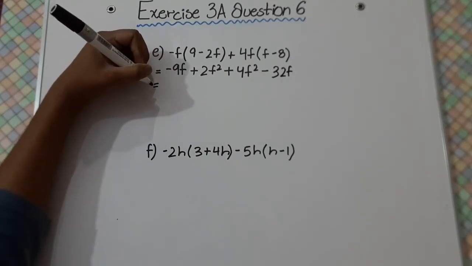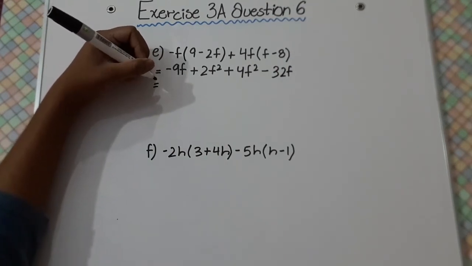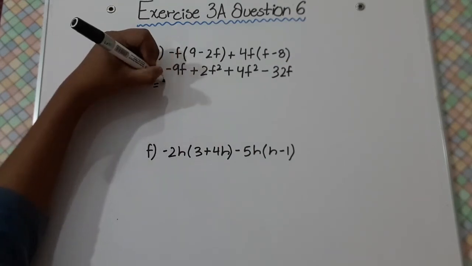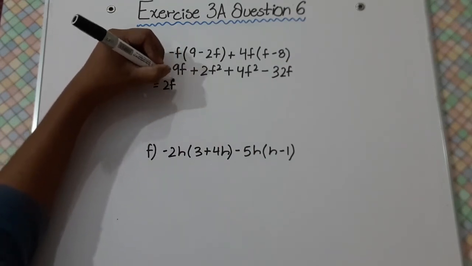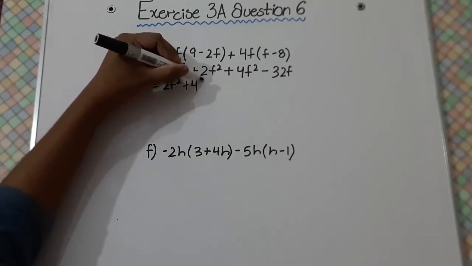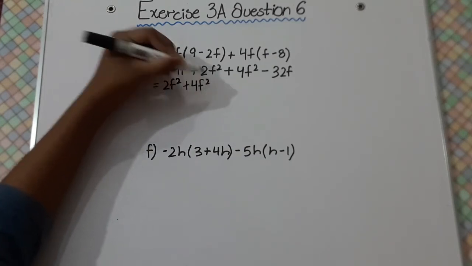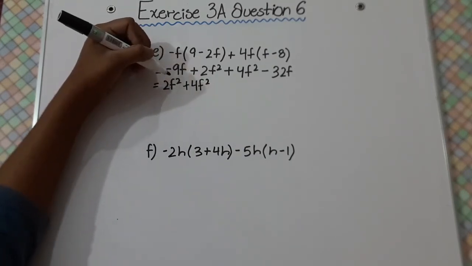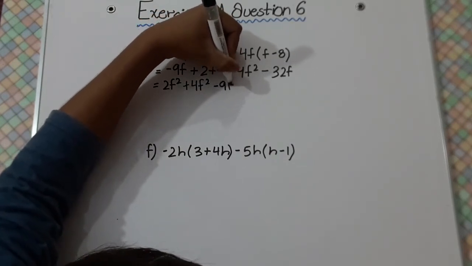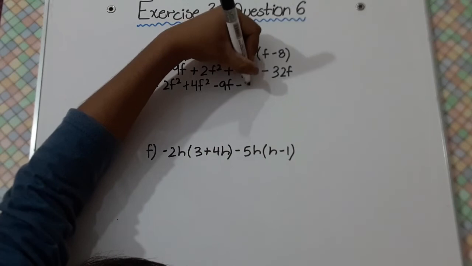Now we are going to take out the common. So first we are going to shift 2f square and 4f square over here, 2f square plus 4f square. Then now we are going to write minus 9f, then minus 32f.